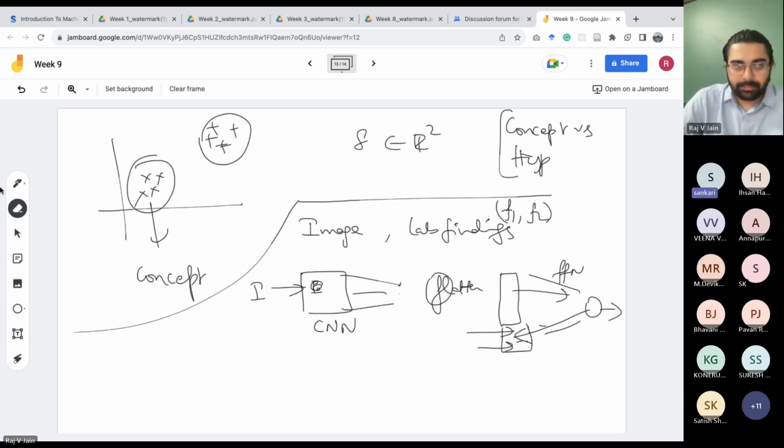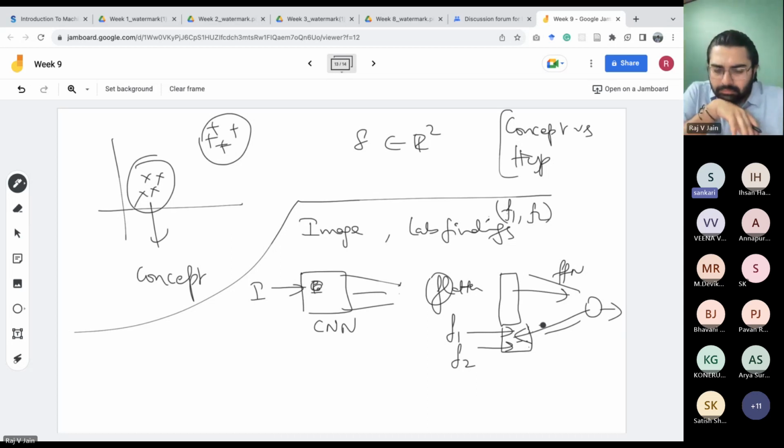Okay, I have a question here. Lab findings, suppose you are considering some non-clinical data set, some patient records with various features of the patients. Finally you are going to classify in terms of binary classification, some yes or no type, whether the person has some kind of disease or not. So you have the binary classification at the end of the output.